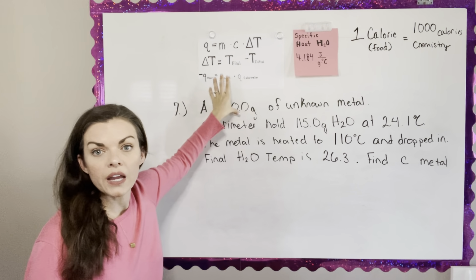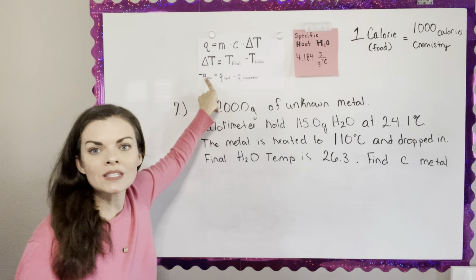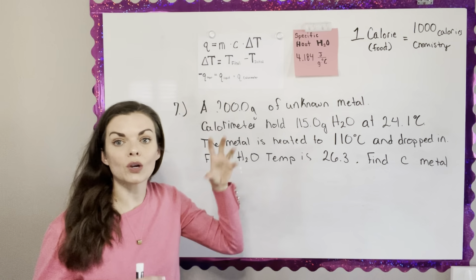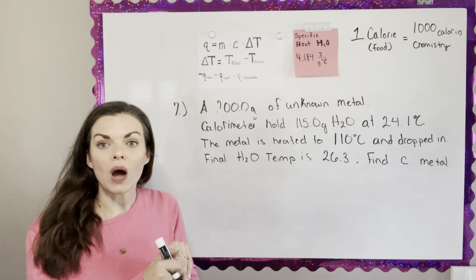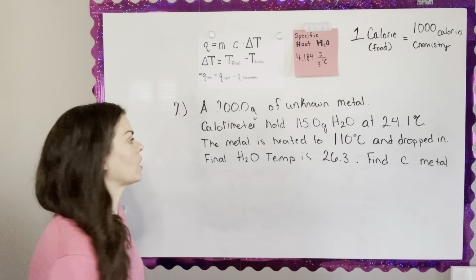So therefore, I know that the heat of the object is going to be the same energy that goes into the water. So the metal loses its energy and it goes into the water. So I can calculate the heat for the water and then use that to figure out the object.